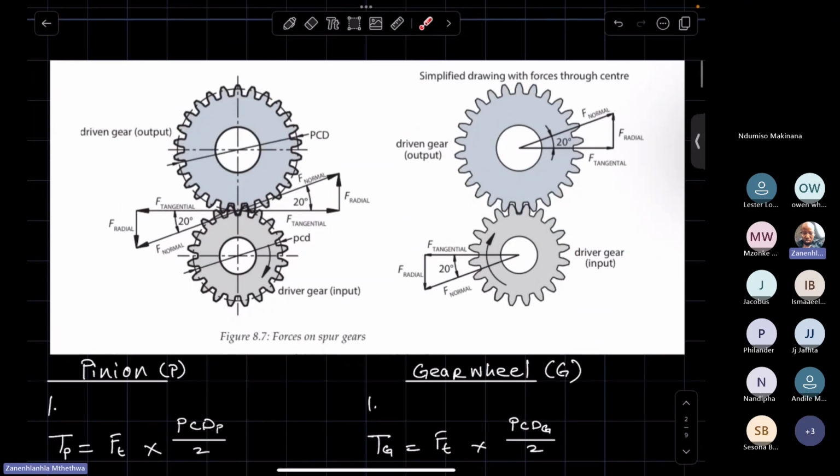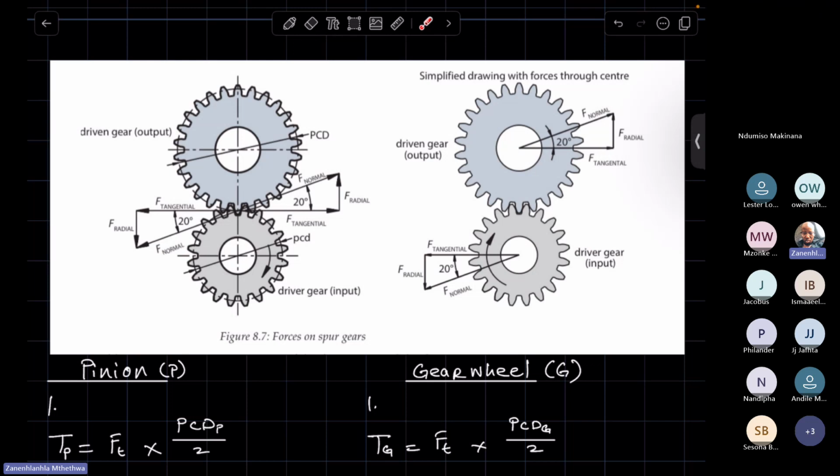Right, now let us look at those forces that meshing gears are subjected to. But now you should know that this here is the gear wheel and this here is the pinion. Because in a gear system, for the most part, you want a system where you'll be able to output the most torque. And what actually influences torque is the radius.